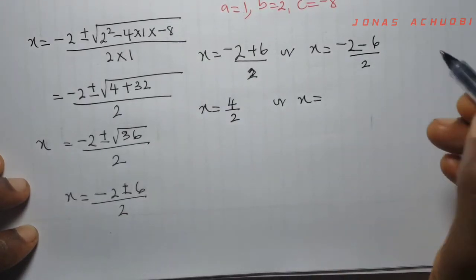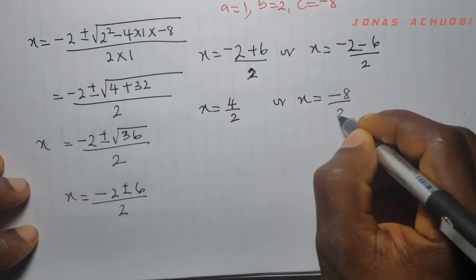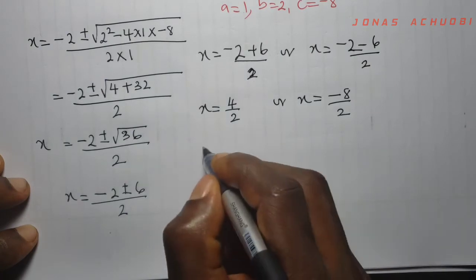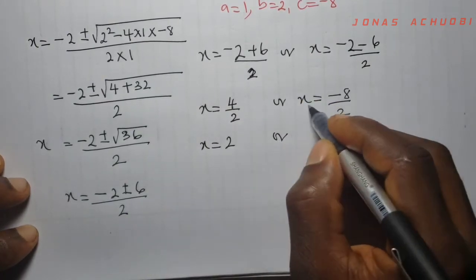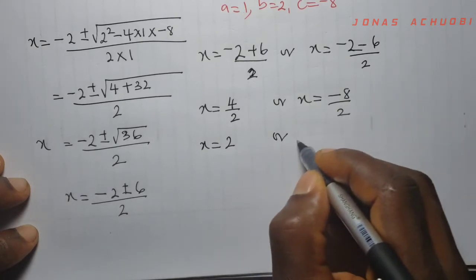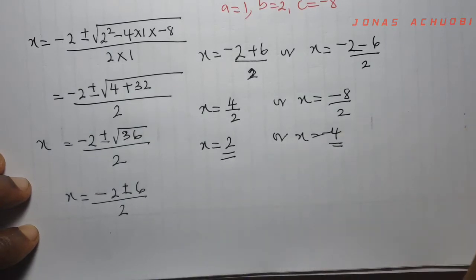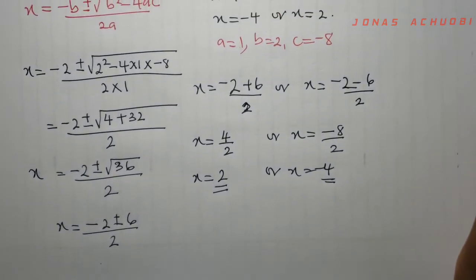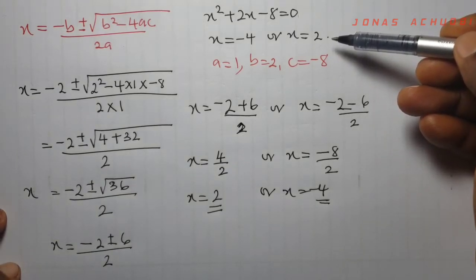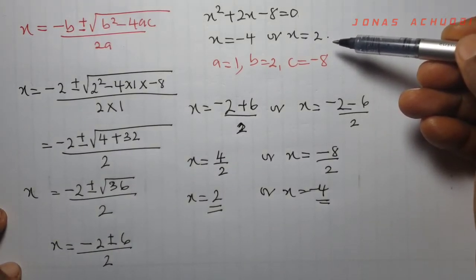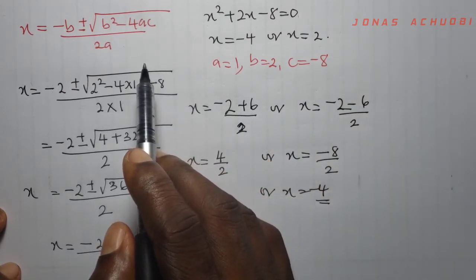Or x is equal to minus 2 minus 6, which is minus 8, so negative 8 over 2. If we divide, x is equal to 4 divided by 2, which is 2, or x is equal to minus 8 over 2, which is minus 4. So we observe that the solution we have using the formula method agrees with the solution we had using the method of factorization. And of course, like I said earlier, this formula method can solve any given quadratic equation.